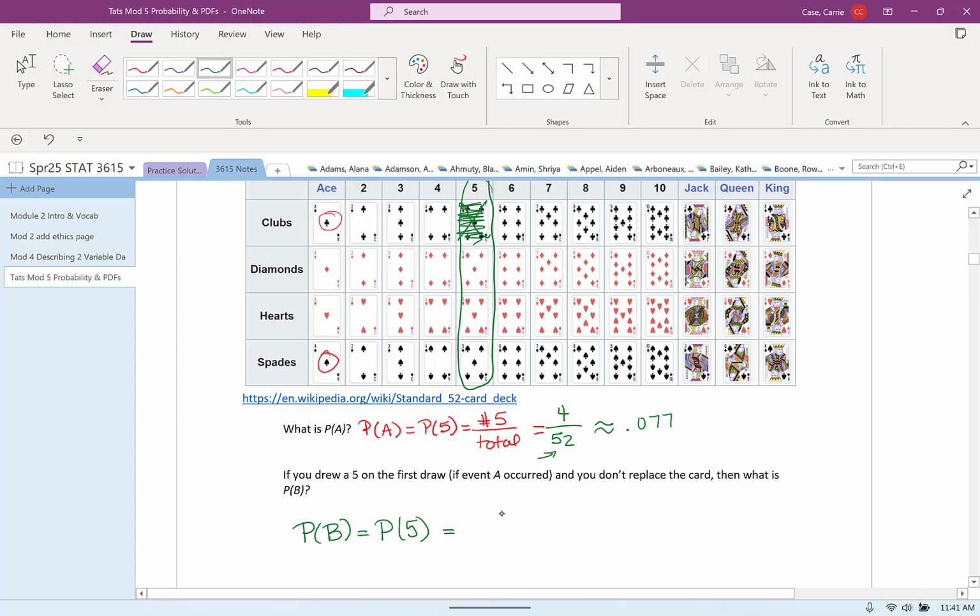Well, now it's the number of 5s we have now over the total in the deck we have now. Well, we got rid of 1 five, so there are only 3 of them. And we got rid of 1 card, so there are only 51 cards, and that's approximately 0.059. So notice, if we do not replace the card, it changes the likelihood of this event happening.